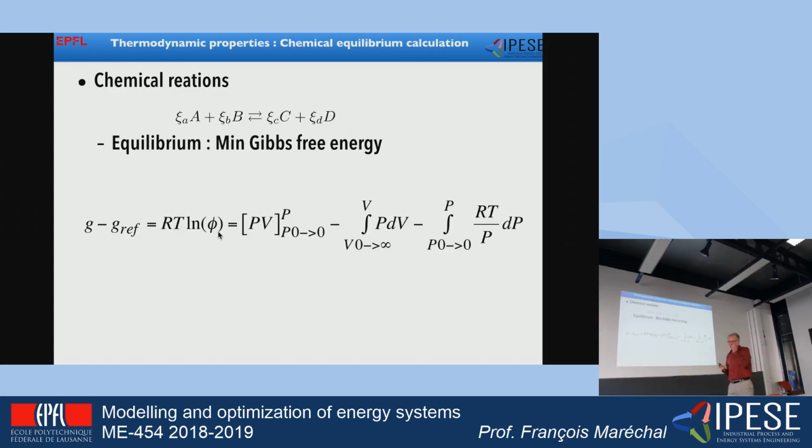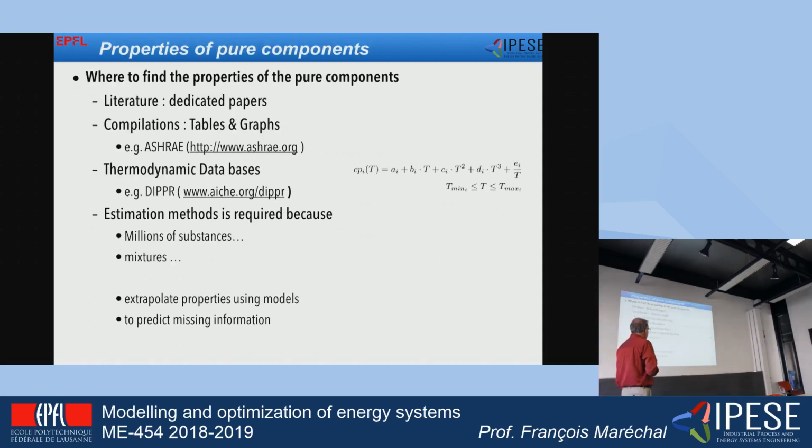So this is really powerful and allows to make calculations of distillation columns, of separators. So if I'm mixing two fluids and then I want to know what is the gas in the liquid state, this will be calculated this way. So one question remains. Where do we find the values?